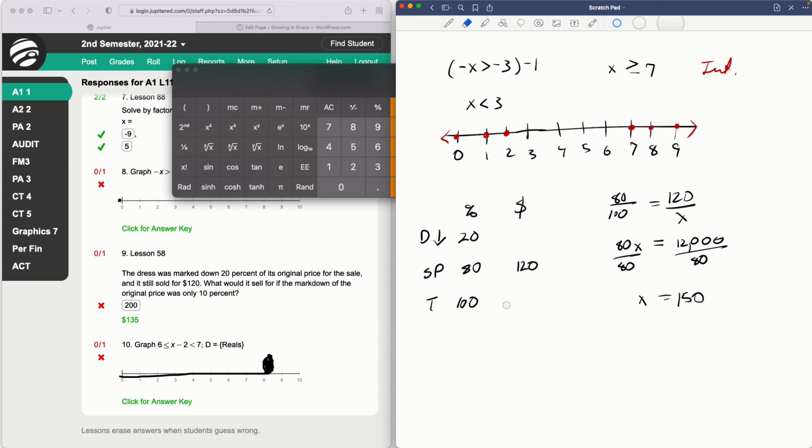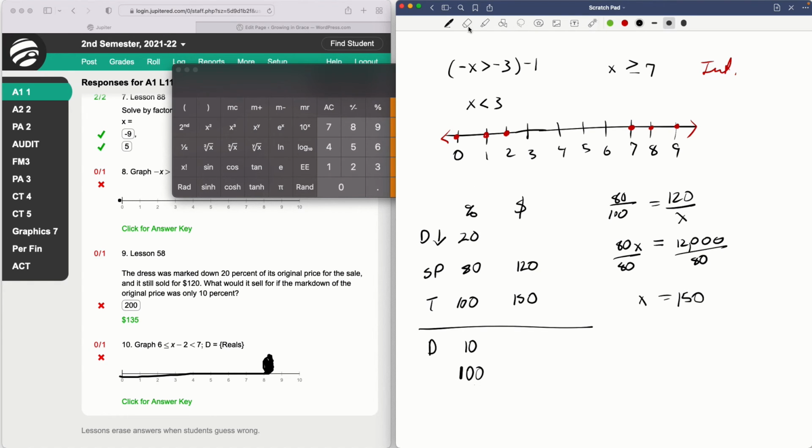There we go. So the original price was $150. Now we need to figure out what the price would be if we have a discount of 10%, right?